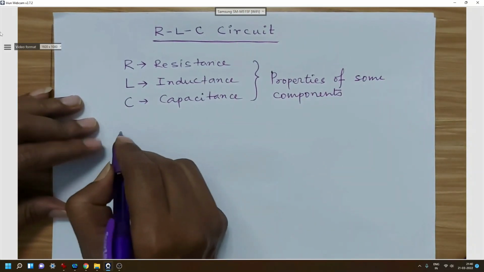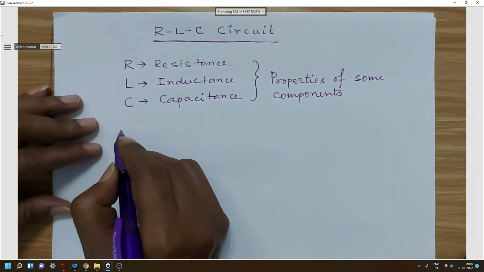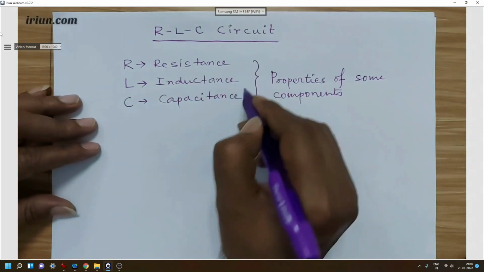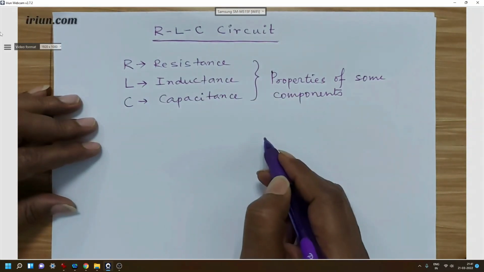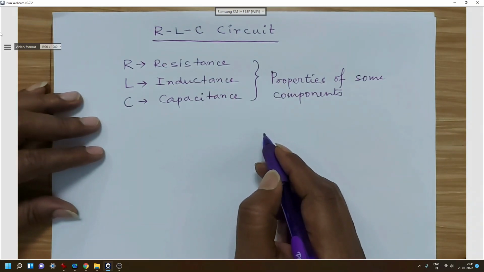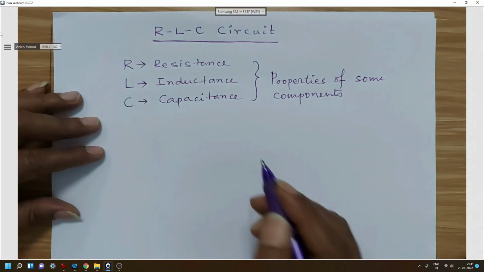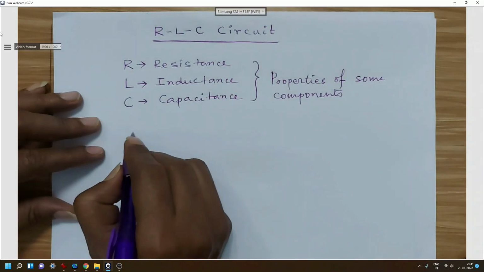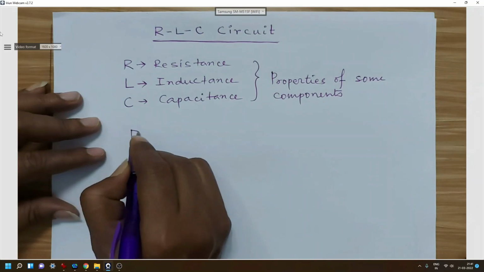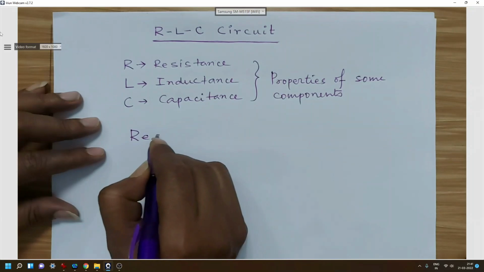Now if we want to visualize the resistance, inductance or capacitance, then we will not be able to visualize, because these are the properties produced by some materialistic component. So what are those materialistic components? Resistance is the property of resistors.